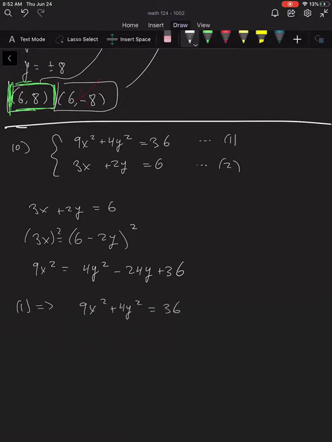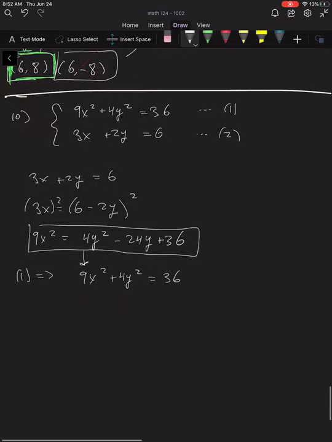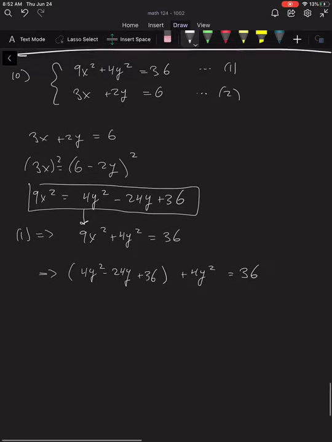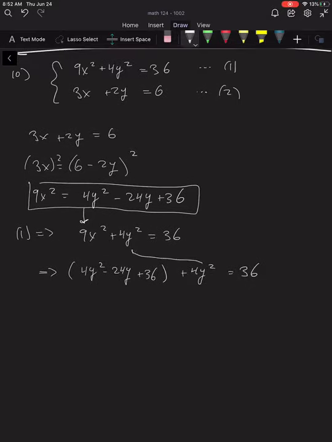But now we can just plug this in right there for 9x squared. So what we really have is 4y squared minus 24y plus 36, plus 4y squared is equal to 36. So that was this 4y squared right here. This 36, that's from this one.